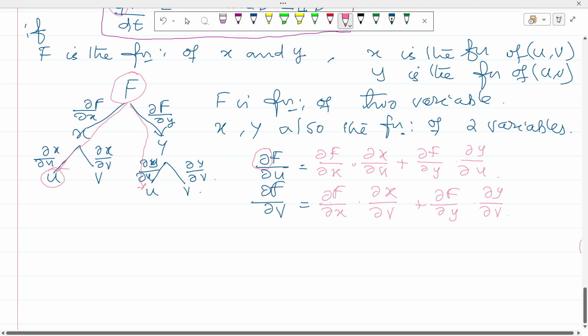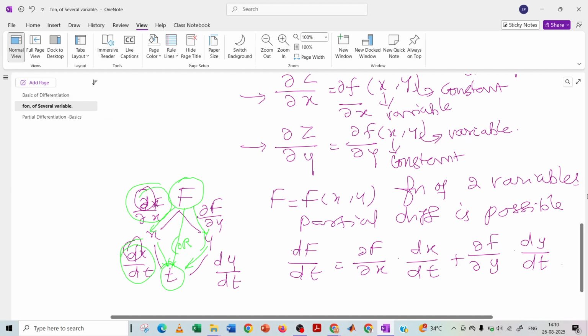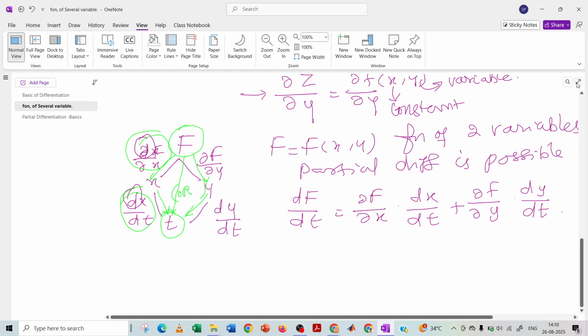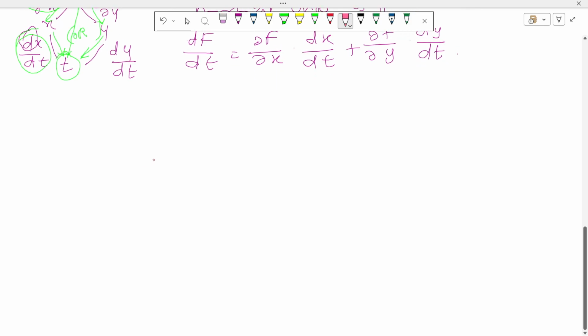So once again I repeat that concept. Through the diagram I can explain this. f is a function of x and y, so that means f is a function of x, f is a function of y.